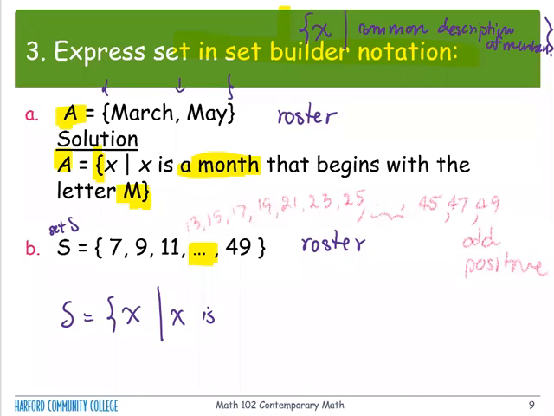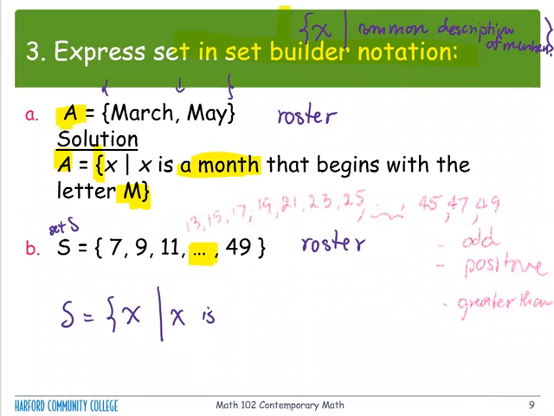So we have to add more description into the set builder notation. We're going to add more properties, like the number is greater than 6, if you want, or you can say greater than or equal to 7. It doesn't matter as long as it represents the same description of this set of members.